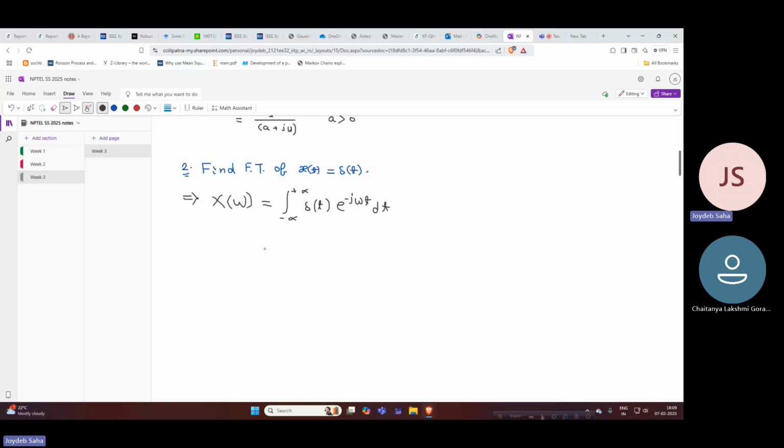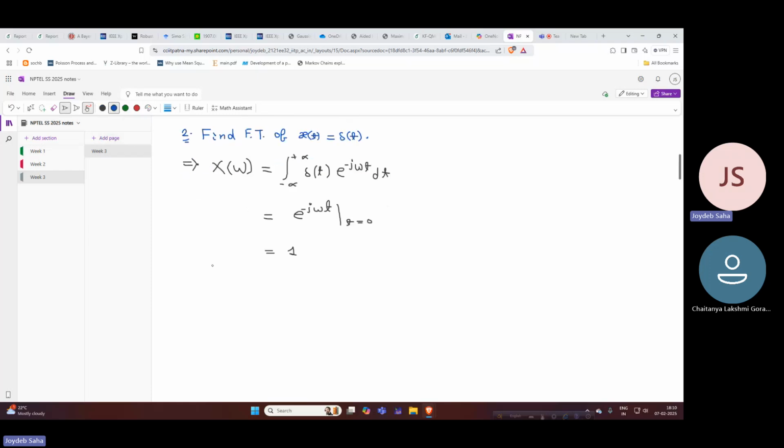The only value we will get is e to the power minus j omega t at t is equal to 0. That means we will get 1. Fine, because we are getting the value only at a particular point and any other value is 0.